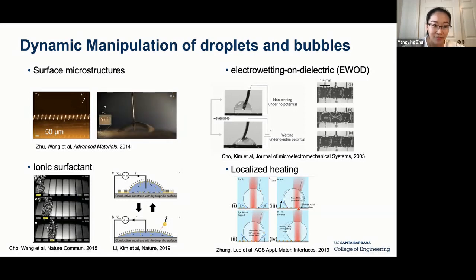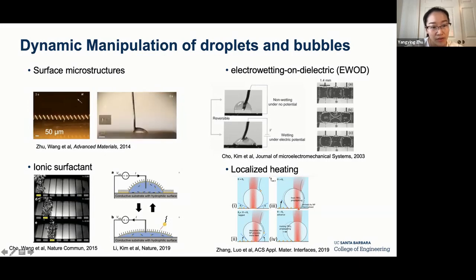And we all know that surfactants are great for changing or tuning the surface tension. So on the bottom left figure, by patterning several electrodes, you can actually control where boiling occurs by controlling the surface tension. And more recently, C.J. Kim's group explored this idea a little bit further.